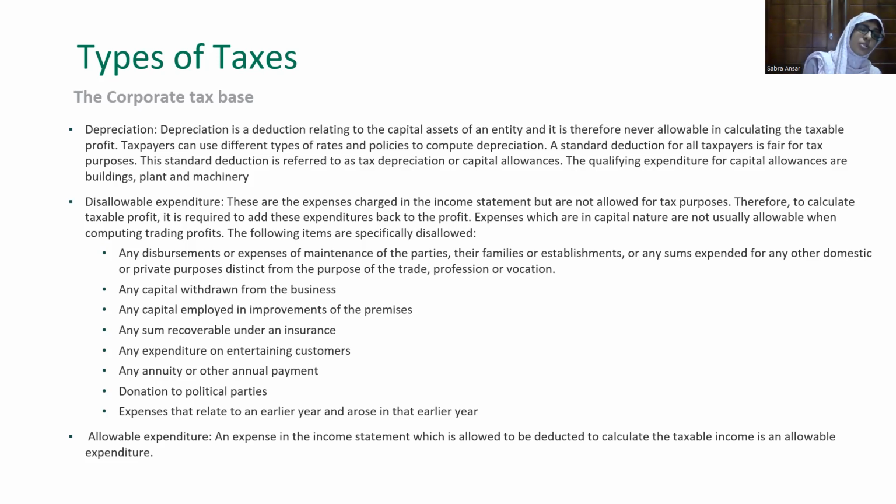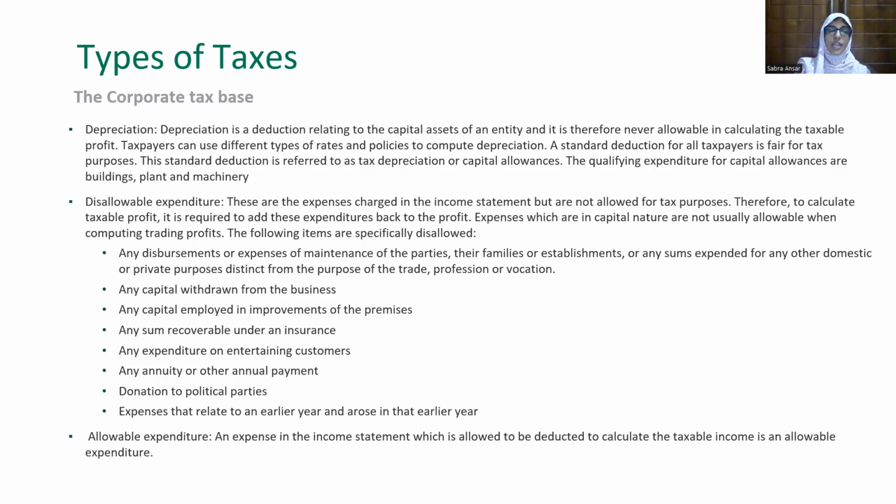And lastly, things like expenses that relate to an earlier year and arose in that earlier year will all be disallowable expenditure. So what you would have understood from the listing of so many disallowable expenditures is that these are things you need to understand when it comes to disallowable expenditure.